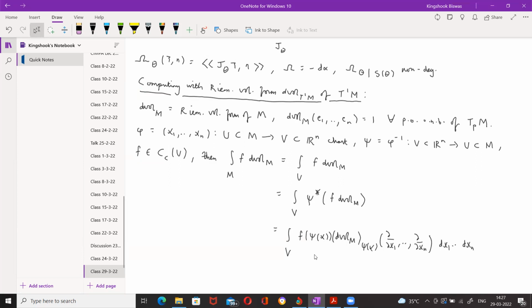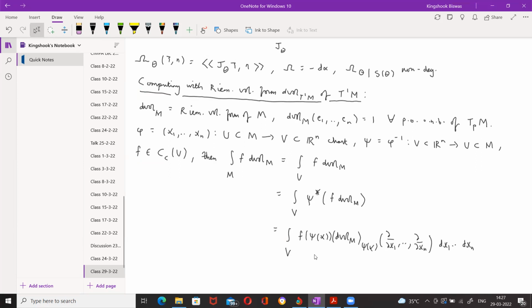And now what is this volume form applied to the basis del del x1 to del del xn? Well, this is a top degree form which takes the value 1 on any positively oriented orthonormal basis.